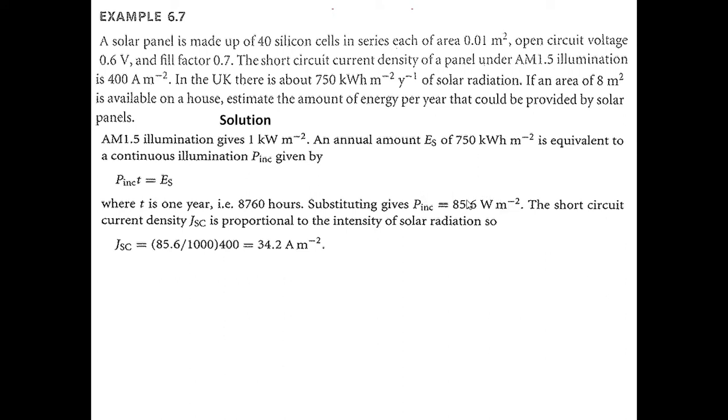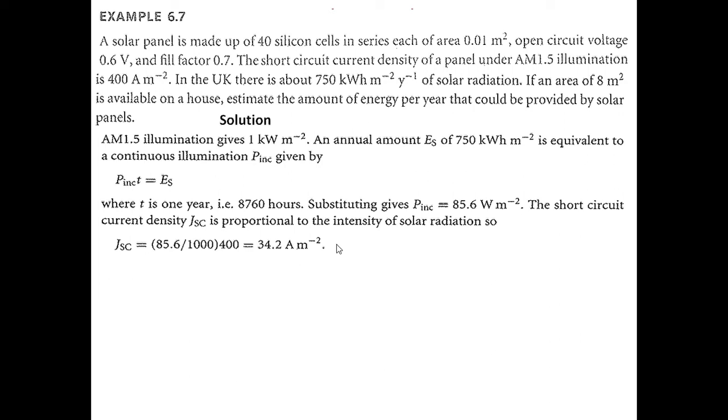Now the short circuit current density of my panel is given in terms of AM 1.5, where AM 1.5 is 1000 watts per meter square. If my panel can produce 400 amperes per meter square of current density at 1000 watts per meter square, what current density will it produce at only 85.6 watts per meter square?